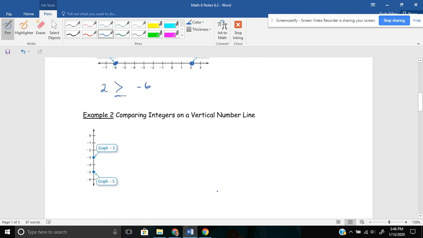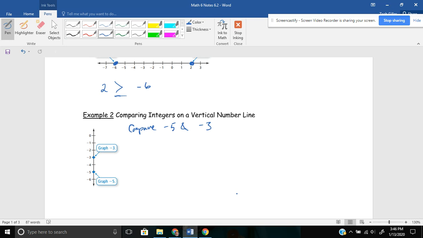What about if you had a situation that was on a vertical number line and it says compare negative 5 and negative 3? Now we have a situation where we have two negative numbers. Well, just like before, except now this is a vertical number line.